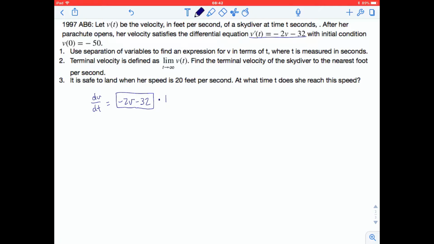If that is the case, that makes things much simpler. So since negative 2v minus 32 is our function of v, and this 1 is just our function of t, we can move forward and use separation of variables. So dv over our v function, that would be negative 2v minus 32, is equal to 1 dt.